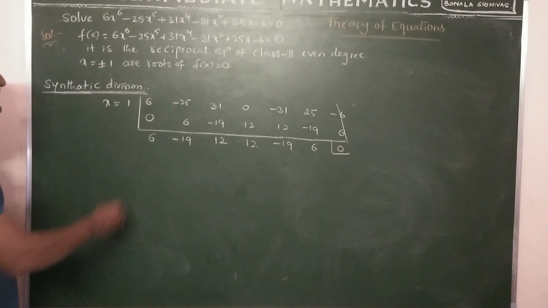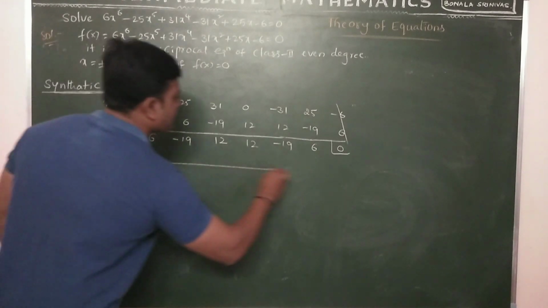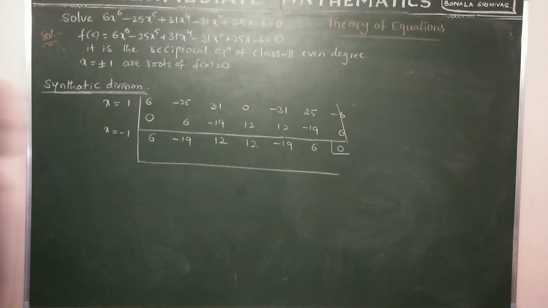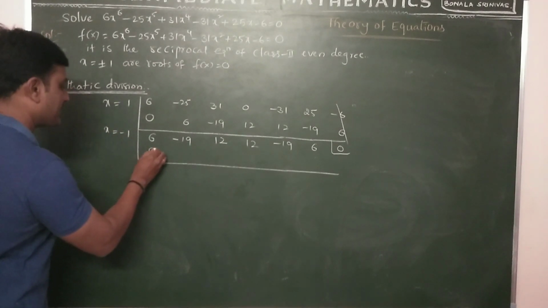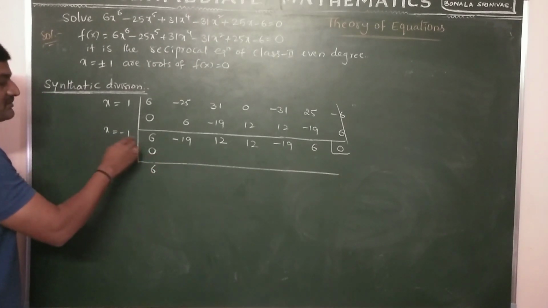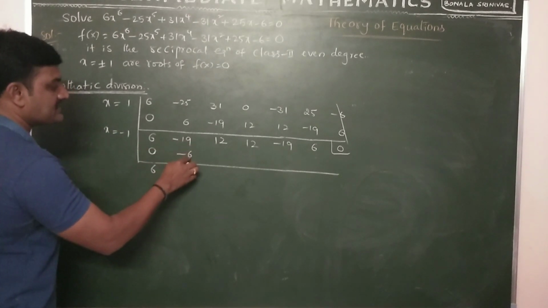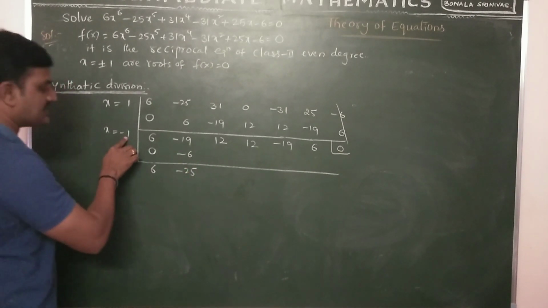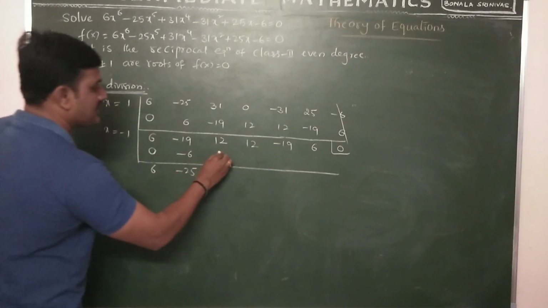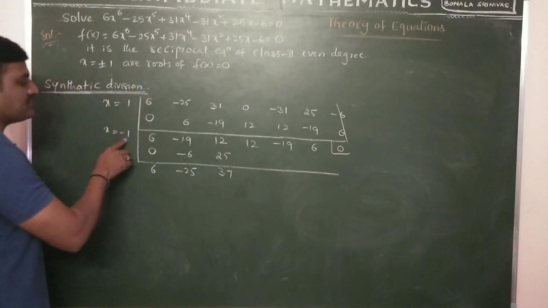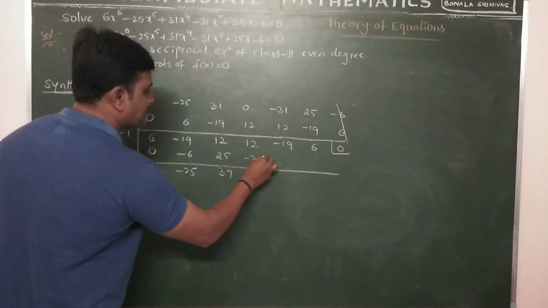Yes or no? Okay. And also taking x equals minus 1. Take again 0. 6 plus 0 is 6. 6 into minus 1 is minus 6. Minus 19 minus 6 is minus 25. Minus 25 into minus 1 is 25. Now it is 37. 37 into minus 1 is minus 37.